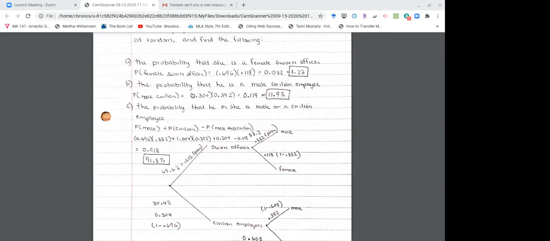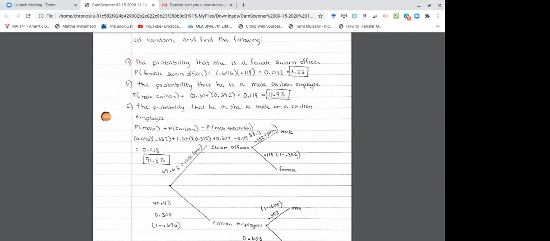You're going to add the civilian employees, the whole group, but you don't want to double count the males who are civilians, because what's happening is you counted all the males, then you counted all the civilian employees, and they overlap at male civilians.